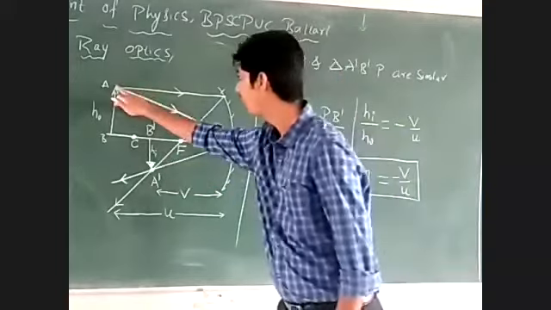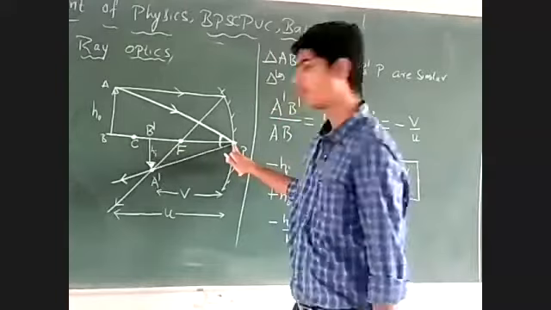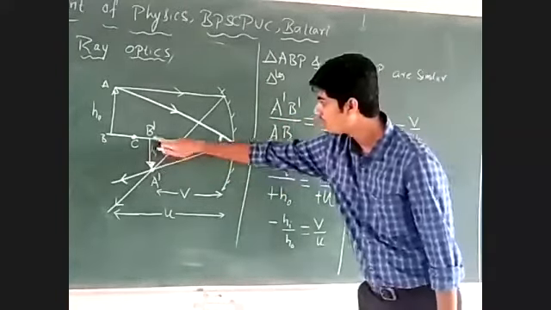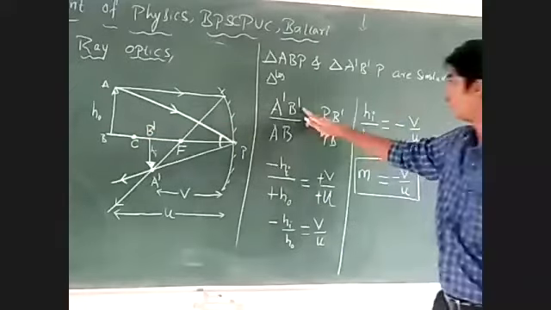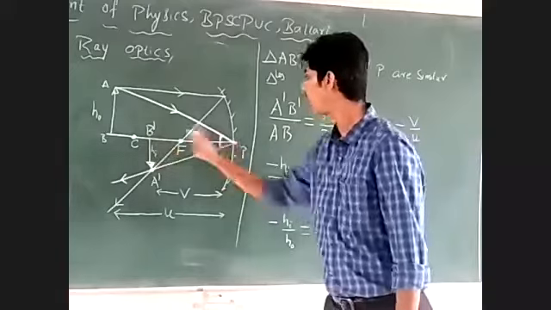In these two triangles, A dash B dash divided by AB is equal to PB dash divided by PB.